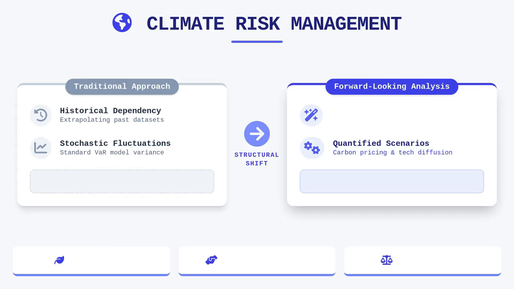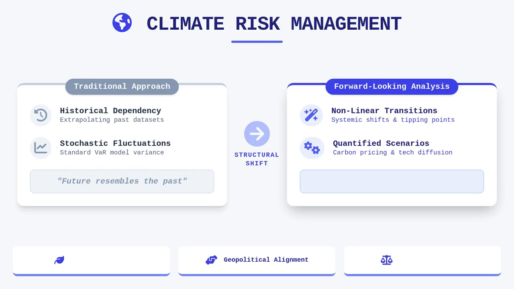Traditional risk management relies heavily on the assumption that the future will resemble the past, using historical data sets to extrapolate potential losses and probabilities. However, climate change defies this dependency, as it involves nonlinear transitions and systemic shifts that have no precedent in modern economic history. We are tasked with quantifying outcomes for scenarios involving drastic changes in carbon pricing, technology diffusion, and geopolitical alignment.